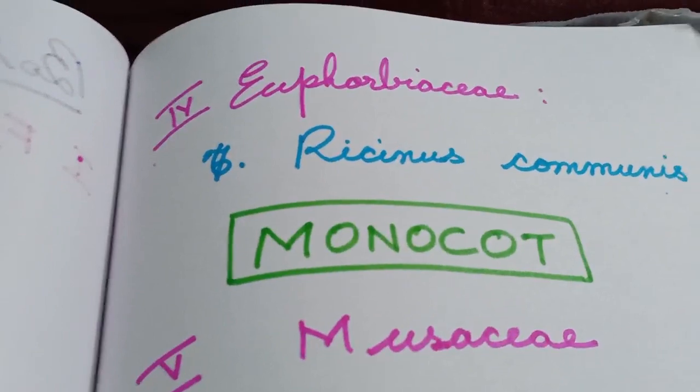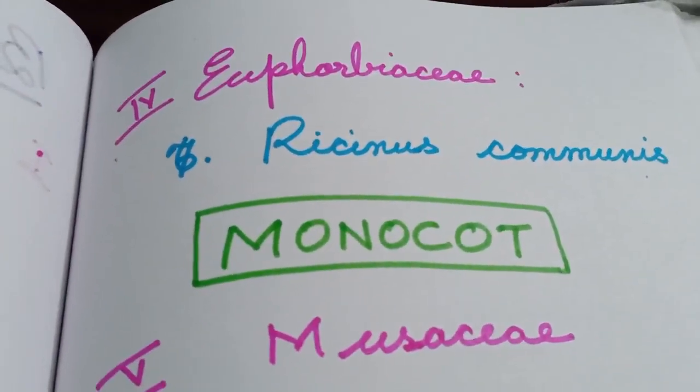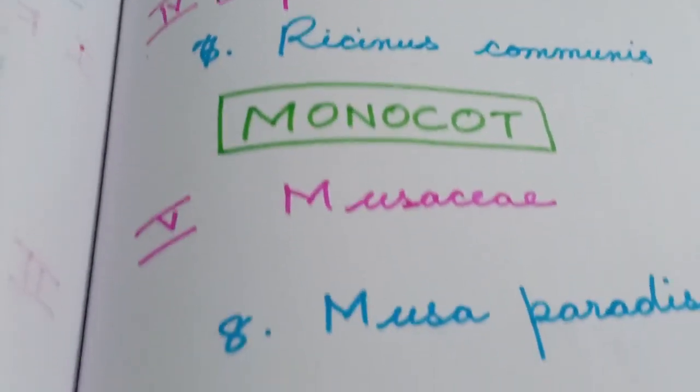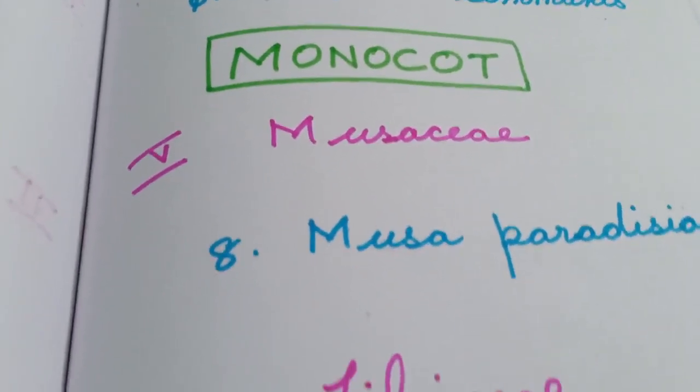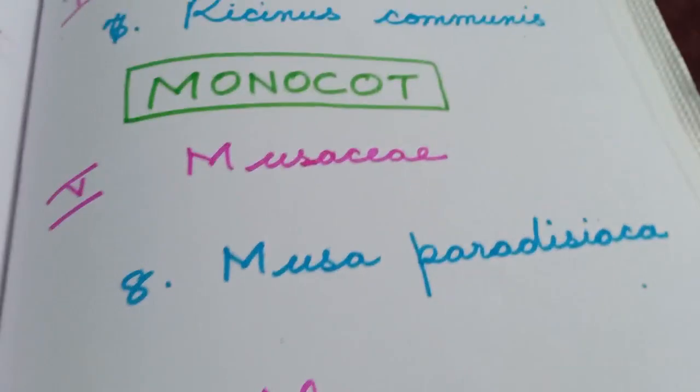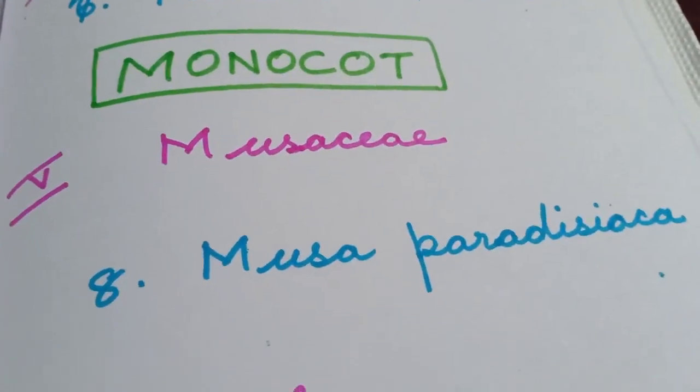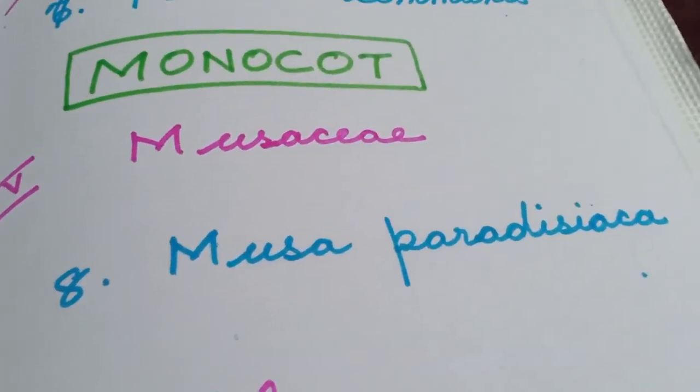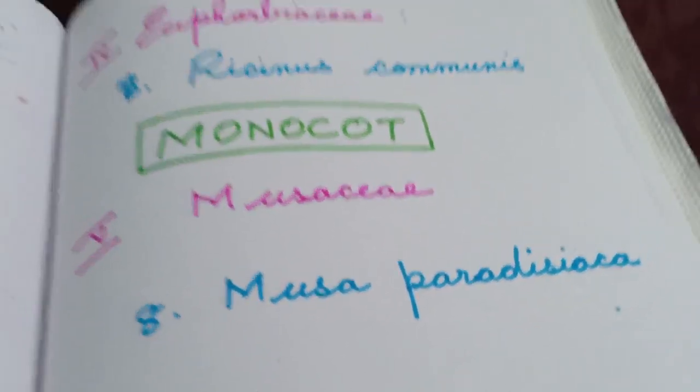These 4 families belong to the Dicotyledon group, and the fifth family Musaceae and sixth family Liliaceae both belong to the monocot group. So altogether we'll be learning 6 families in your 11th standard syllabus.